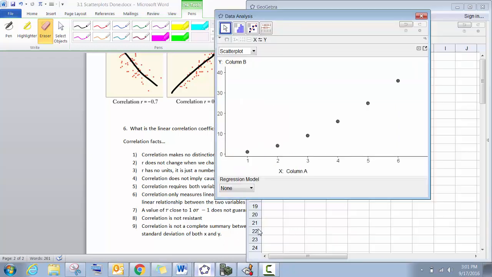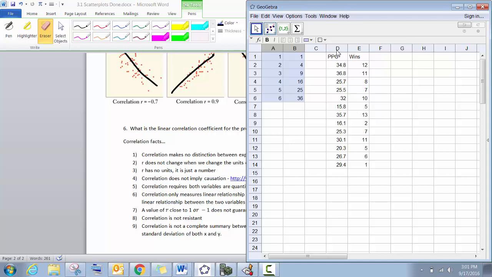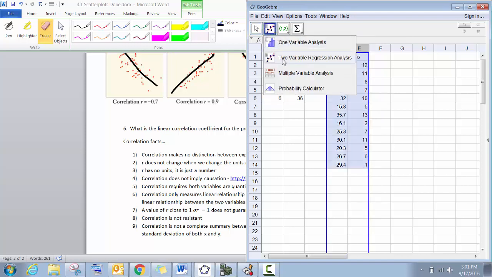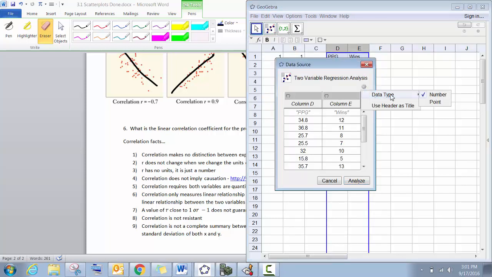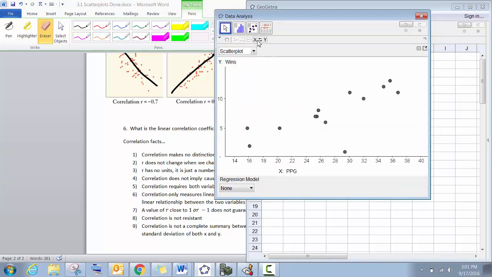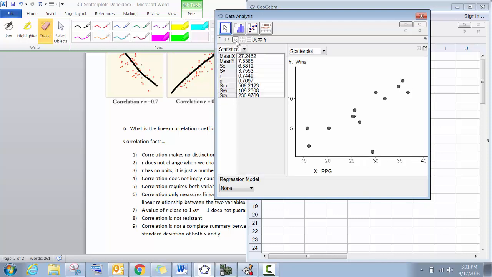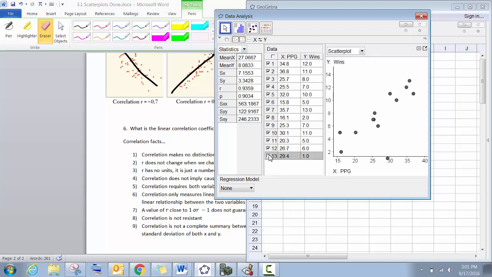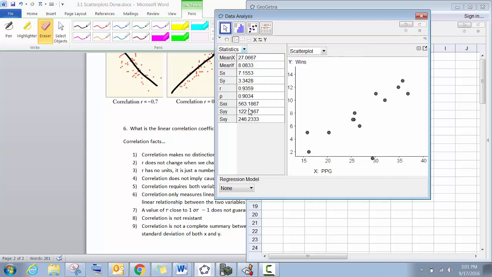To show you that, if we look at our scatter plot and we get our data, we have an R. If we look at our R, 0.9359, I have points per game here, wins here. I can switch them.